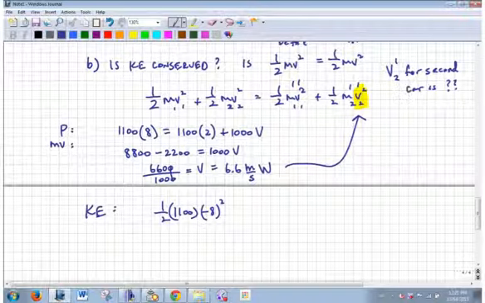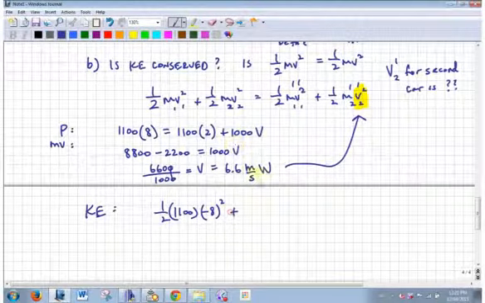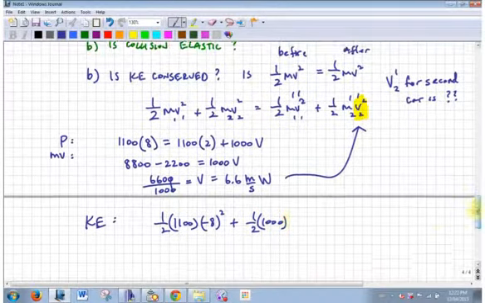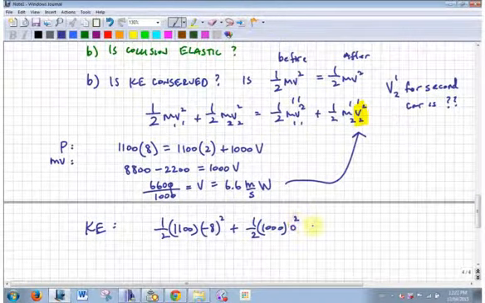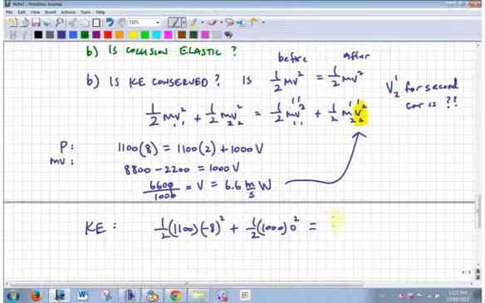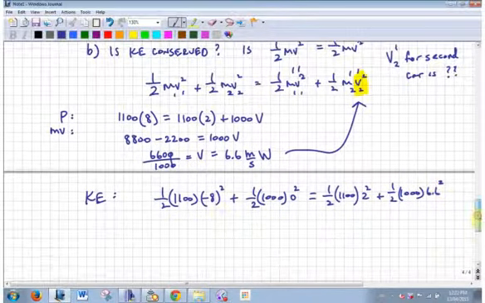No, it's a scalar. There's no direction. Even if it's negative or positive in the formula, it doesn't matter. You get the same thing, right? And this guy times, what was its speed before? Oh, that's easy. Is that equal to the after? This guy after is doing 2 squared, and 1/2 of 1000, this guy is doing 6.6 squared.